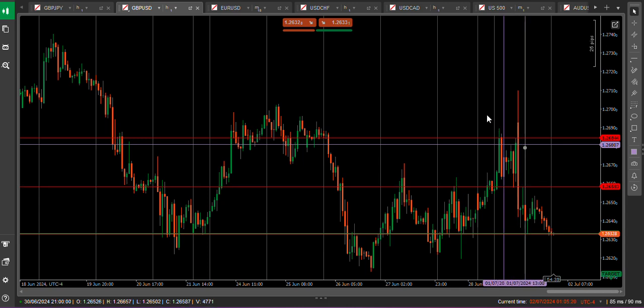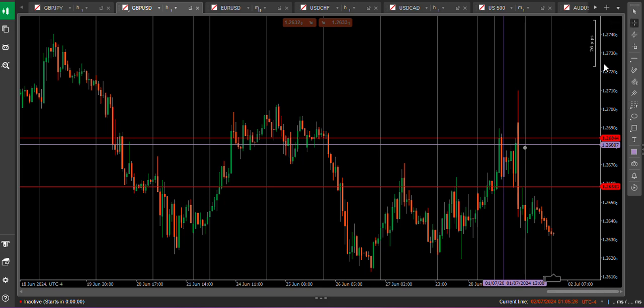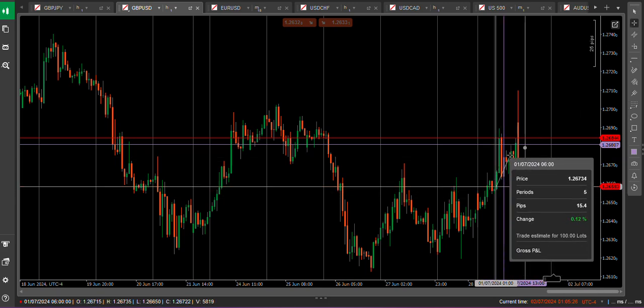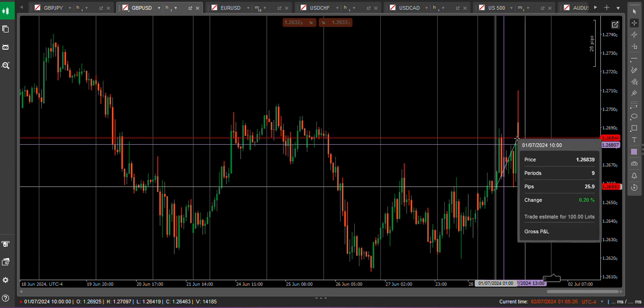Then you look for 15 pips. If you can't get 15 pips, then you don't use that standard deviation. So what you do, you put this right at that line, and then boom, you've got 25 pips.